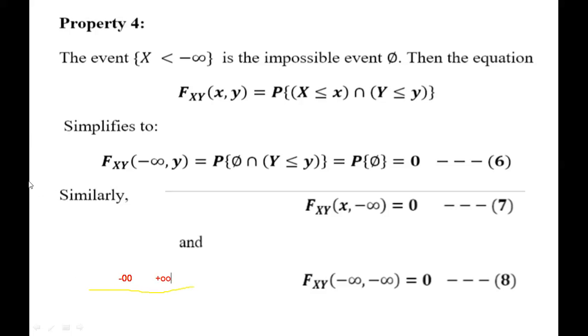Within this range we have defined the CDF, but below this we don't have the CDF. So hence the probability of getting the event is 0.